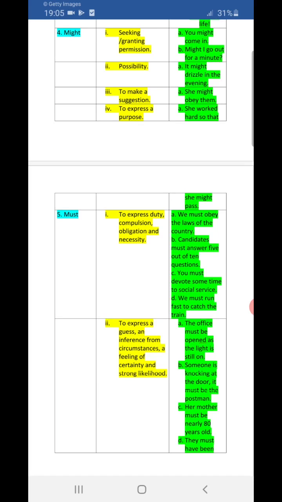Next one, number B. Candidates must answer 5 out of 10 questions. So it's basically a compulsion that candidates must do.